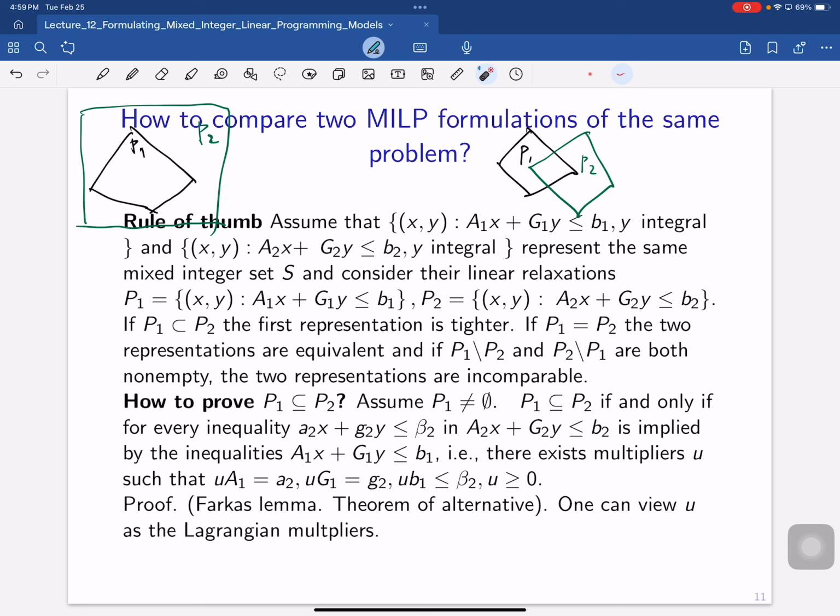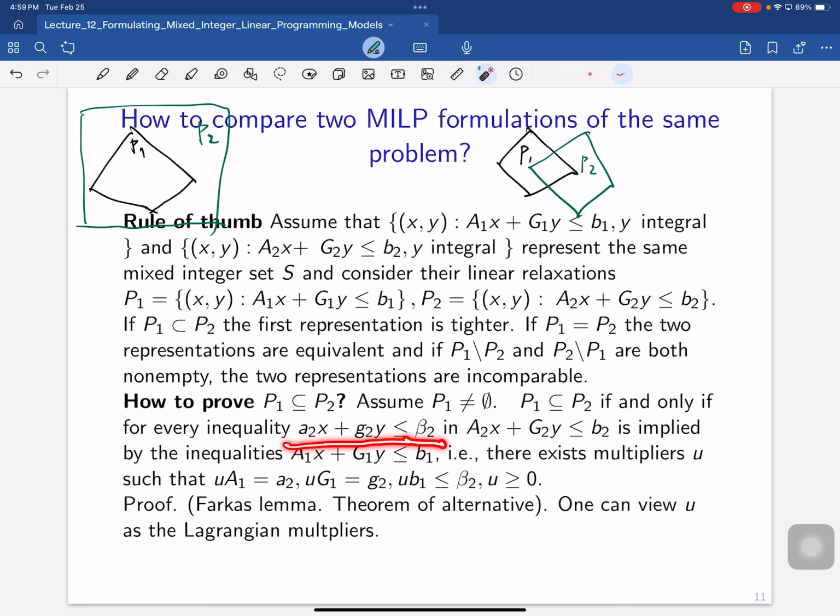So now the question is, how do you actually show each constraint in P2 is implied by the constraints in P1? That's essentially what we want to show. So P1 is contained in P2 if and only if for every inequality, let's denote each inequality in the P2 as alpha 2 x plus g2 y less than or equal to beta.